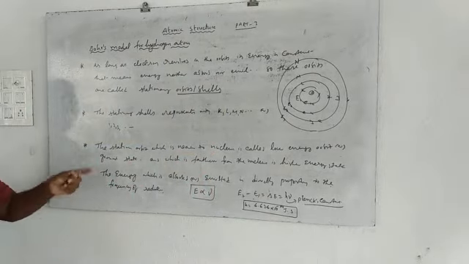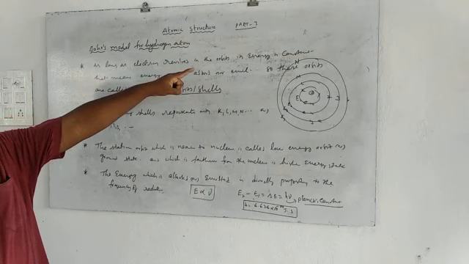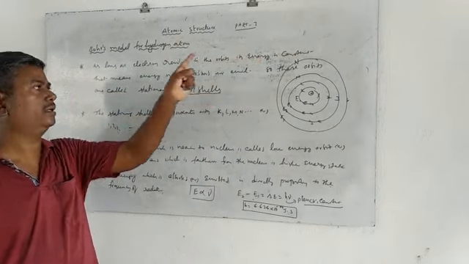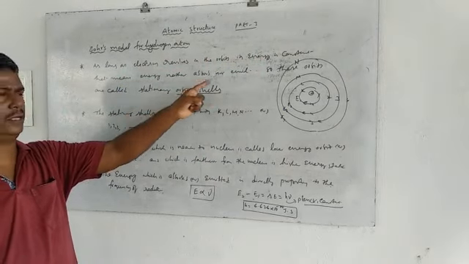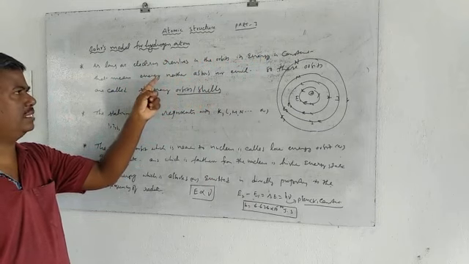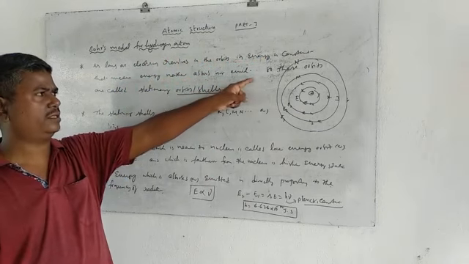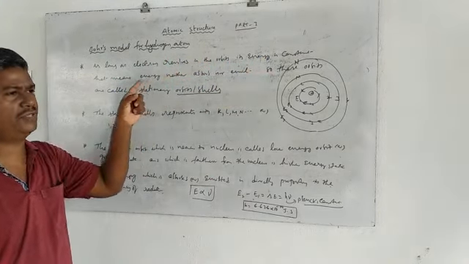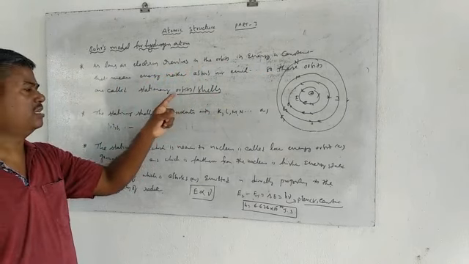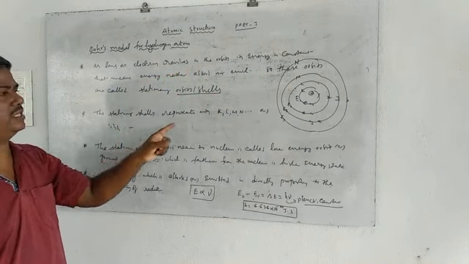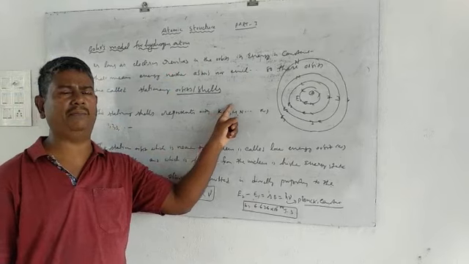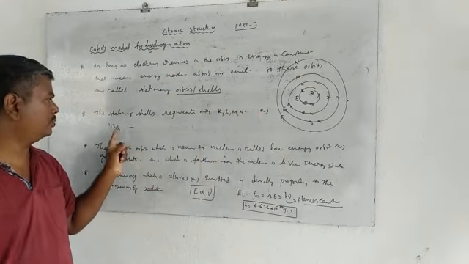As long as the electron revolves in the orbit, its energy is neither lost nor absorbed. That means neither emission nor absorption happens. Such orbits are called stationary orbits or stationary shells. These stationary orbits or shells are represented with K, L, M, N or like that, or 1, 2, 3 and so on.